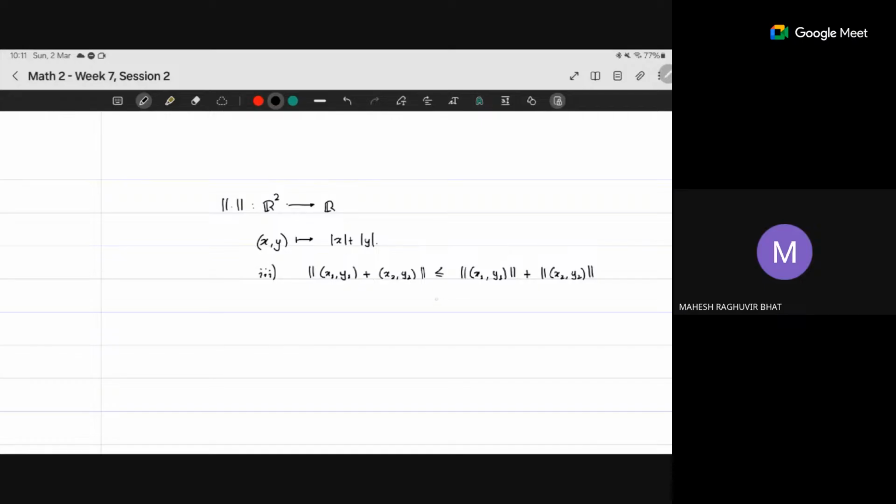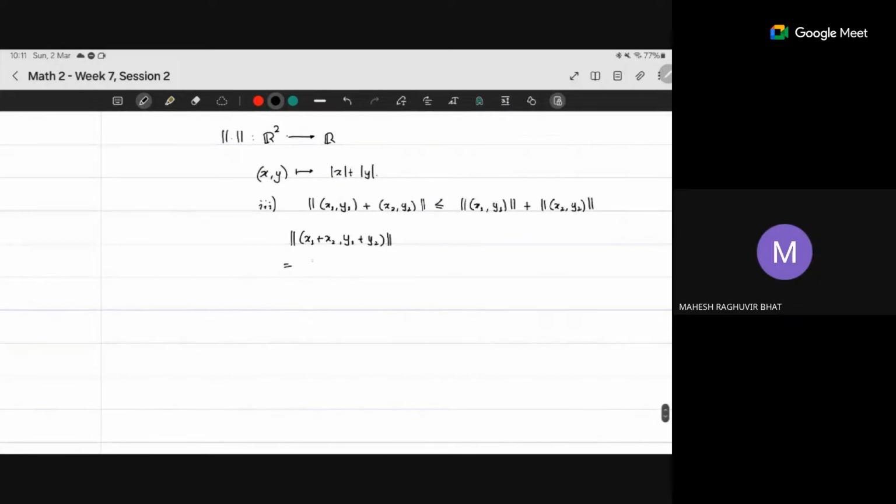But okay, let's compare the two sides. On the left hand side, I have the norm of (x1 plus x2, y1 plus y2), and that is equal to modulus of x1 plus x2 plus modulus of y1 plus y2.